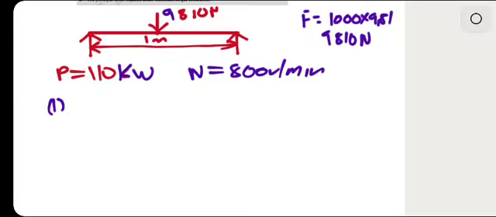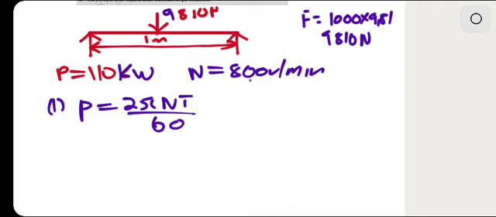Okay guys, the power is given by 2 pi N T divided by 60, since we have been given the speed in revolutions per minute. Remember, this will be T mean.